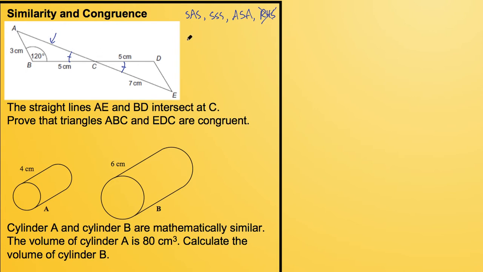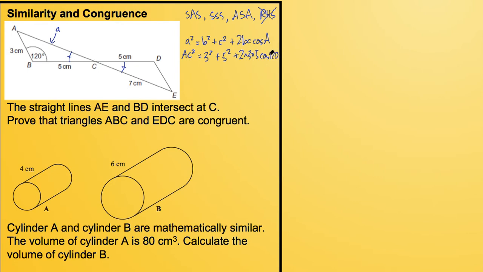So the cosine rule tells me a squared equals b squared plus c squared minus 2bc cos A. And remember that the A angle and the A side are the odd ones out kind of thing. So we've got the A angle there, which gives me the A side here. So that tells me AC squared equals b squared, which can be 3, plus c squared, plus 2 times 3 times 5 cos 120.